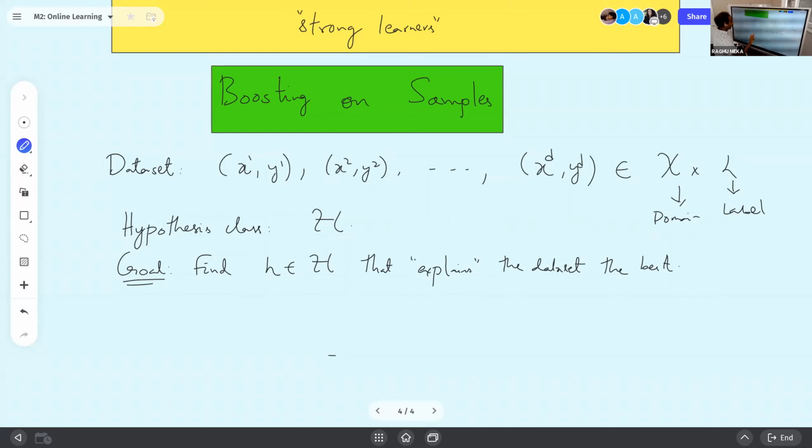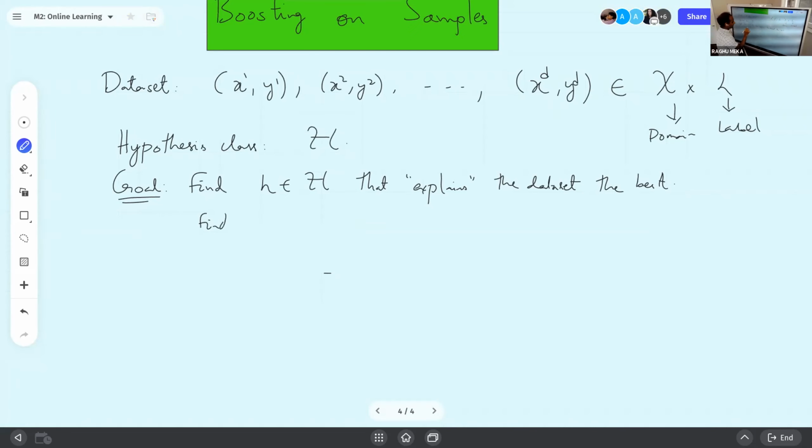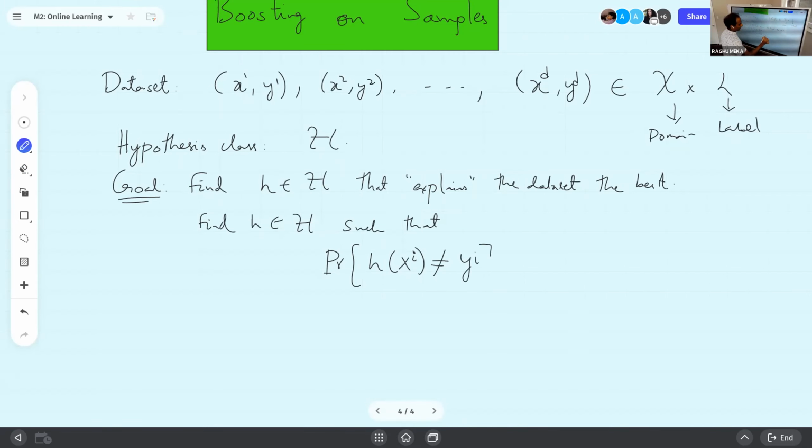Meaning, find h belonging to the hypothesis class such that you minimize the number, or the fraction, of examples that you misclassify.